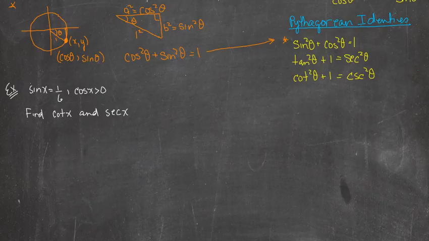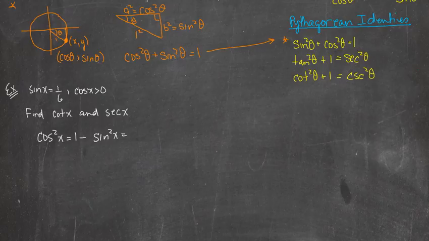involving sine squared. So I have a Pythagorean identity: sine squared plus cos squared equals 1. Let's look for cos squared by plugging sine squared into the formula. So I'm going to solve the formula for cos squared of x equals 1 minus sine squared of x.